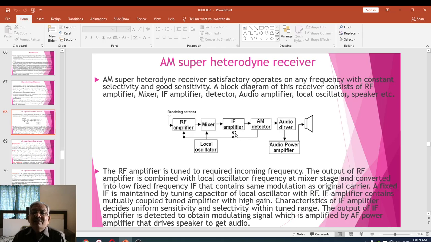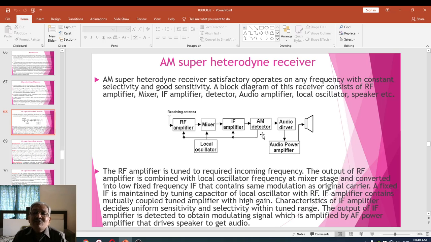Here, the signal is again amplified to the required level. So, the amplified signal is given to the detector. In the detector, the demodulation process takes place.